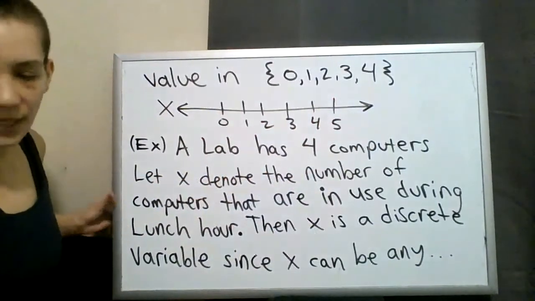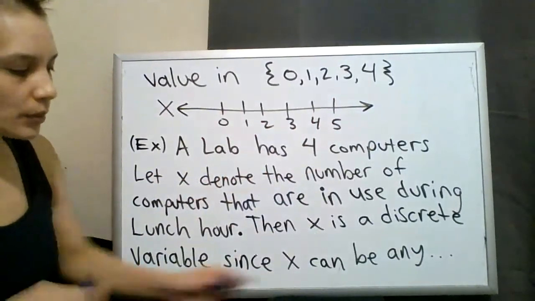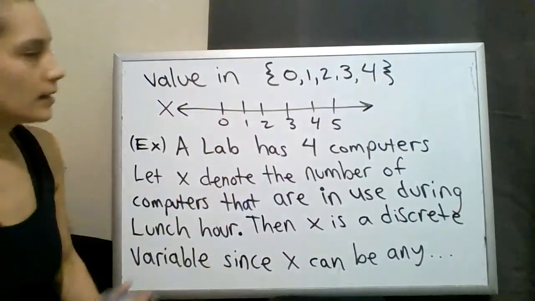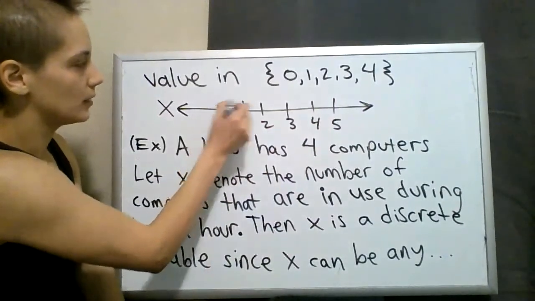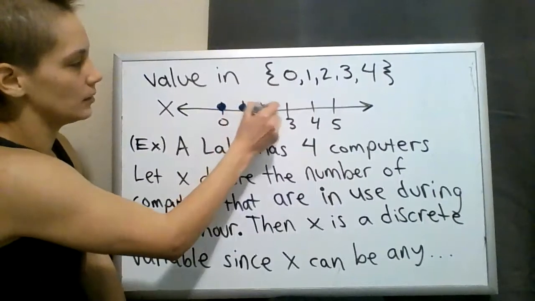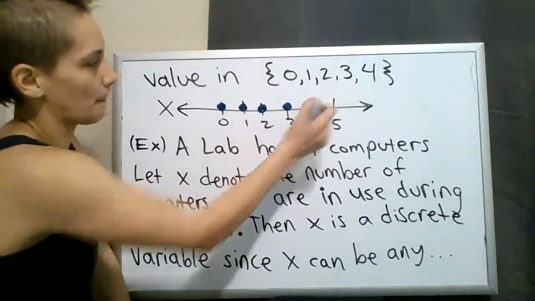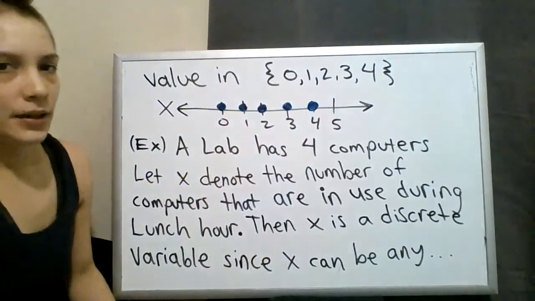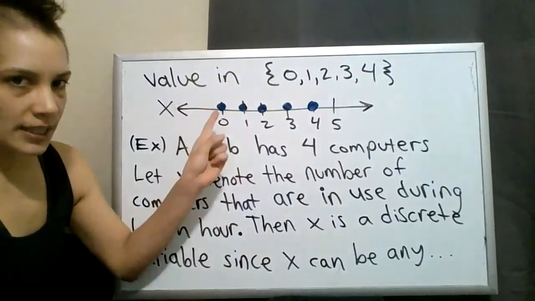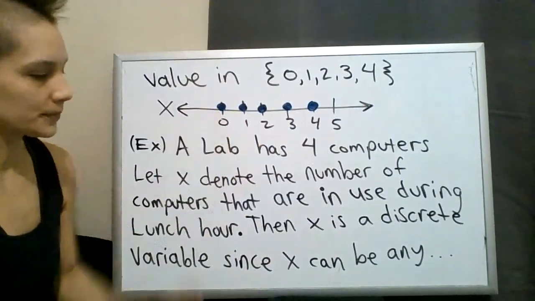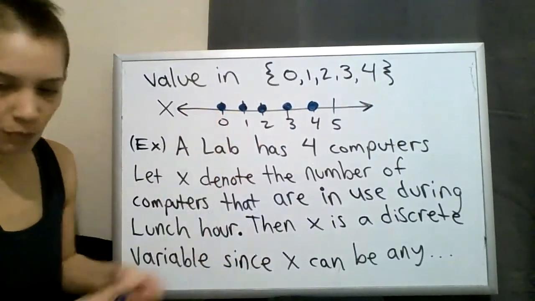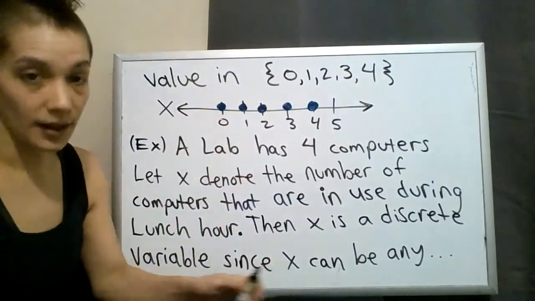But the only values that this variable can be are 0, 1, 2. Okay, a solid dot means you are using that number as a value of your variable.